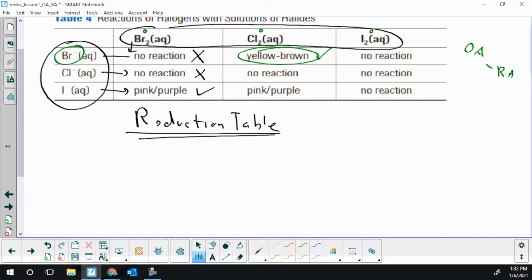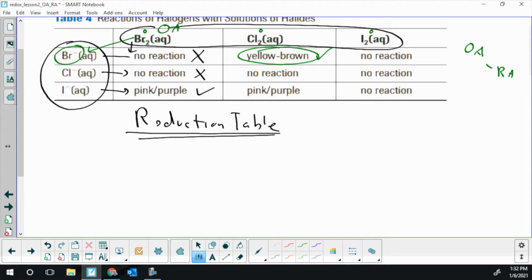So if we went from bromine to bromide, to go from 0 to minus, you would have to gain an electron. That's the only way you're going to make it minus. So gaining electrons is reduced. So this guy is reduced, so this must be an oxidizing agent.